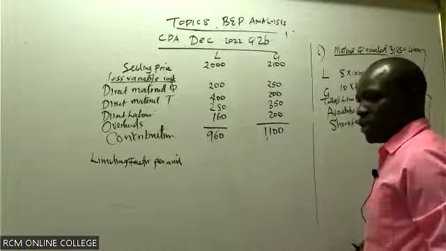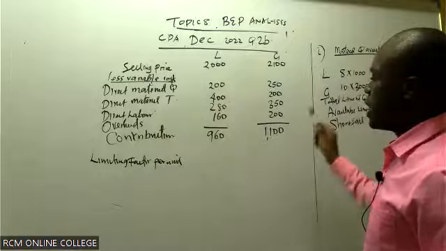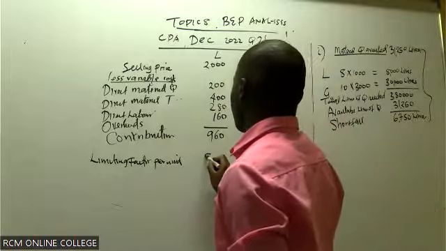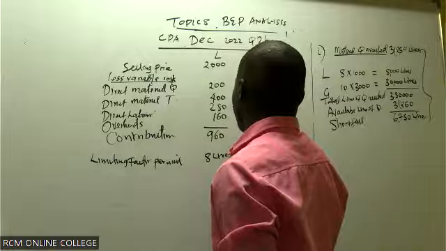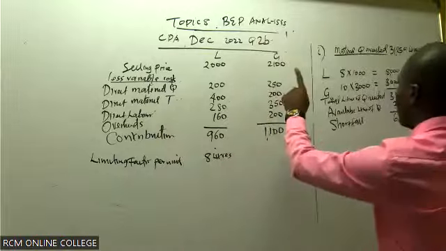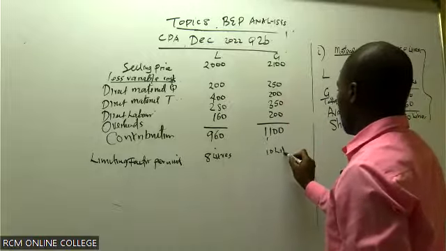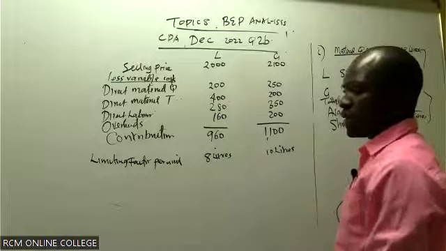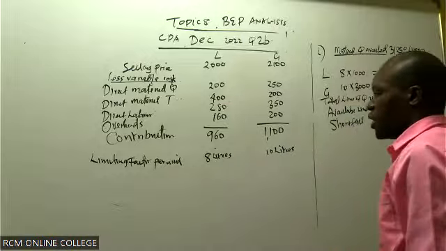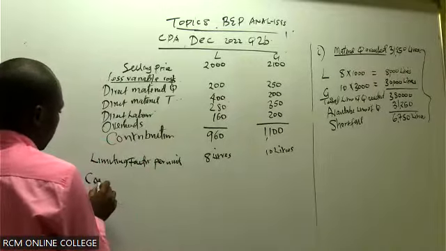We used above: 8 liters. So you come and indicate 8 liters. How many liters do they need to produce 1 unit of G? 10 liters. Good. Having done that, can you now give us contribution per limiting factor?